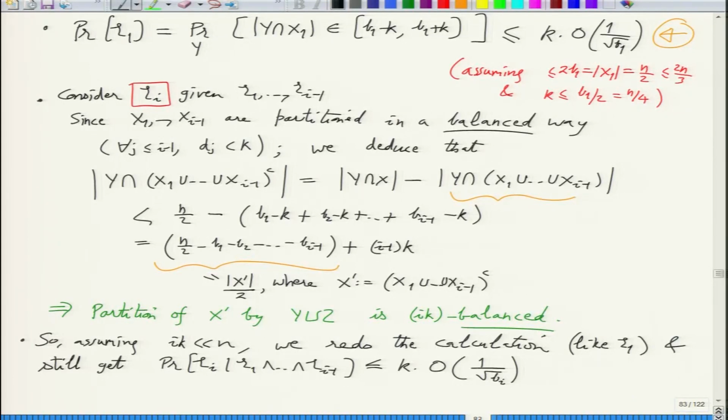And initially that k balance was 1 k balance, so it's ik balance, right? We could put ik here, but i is also very small in the end, so it will not matter, because i is upper bounded by T, and we'll pick T to be very small.